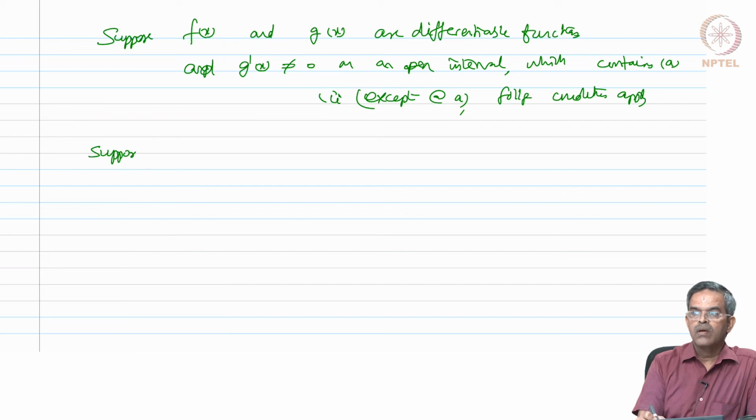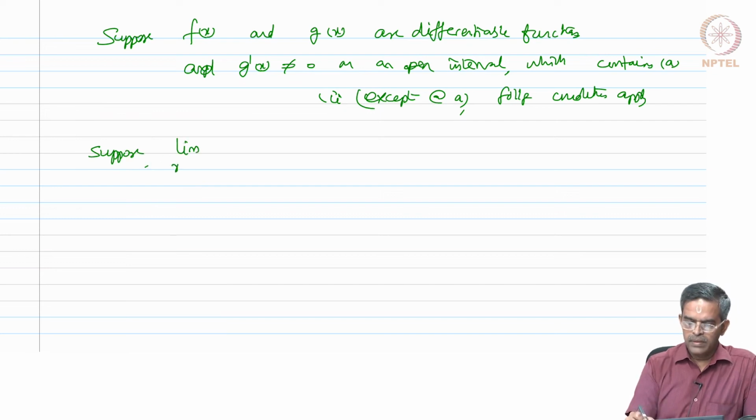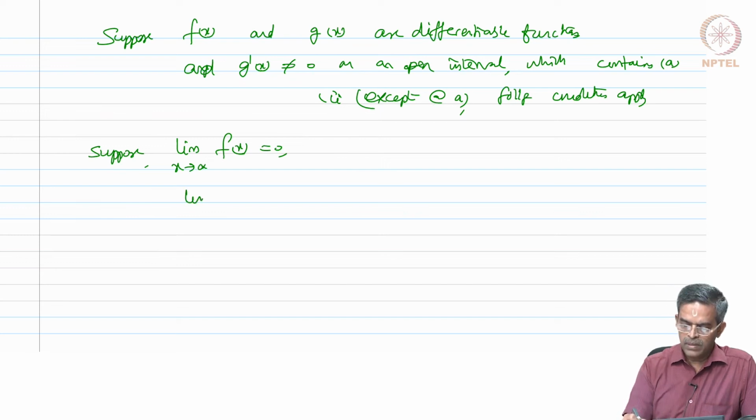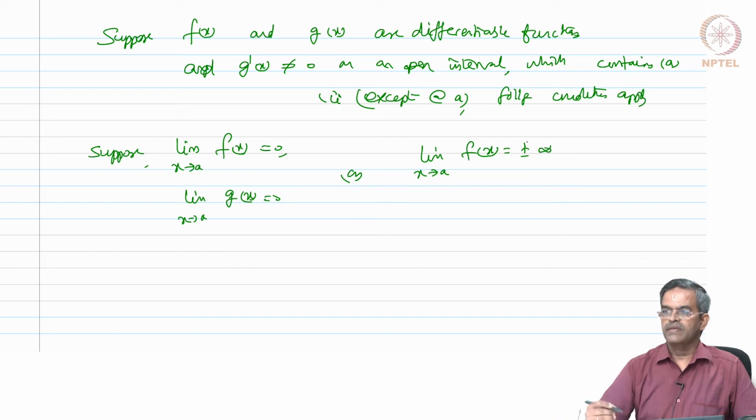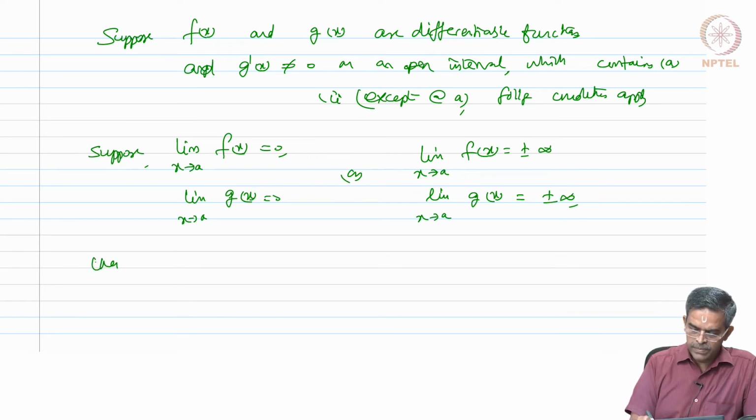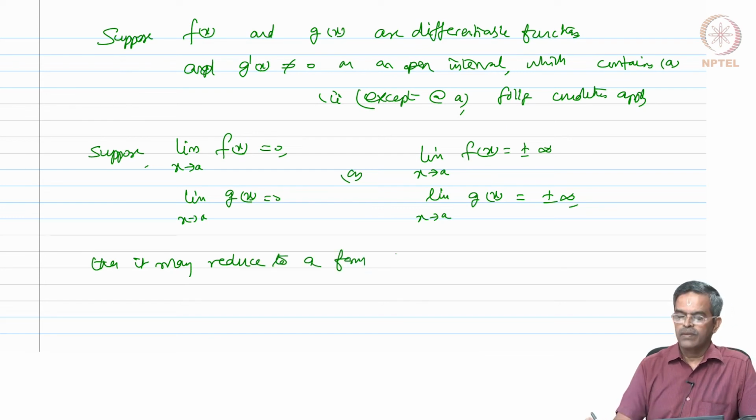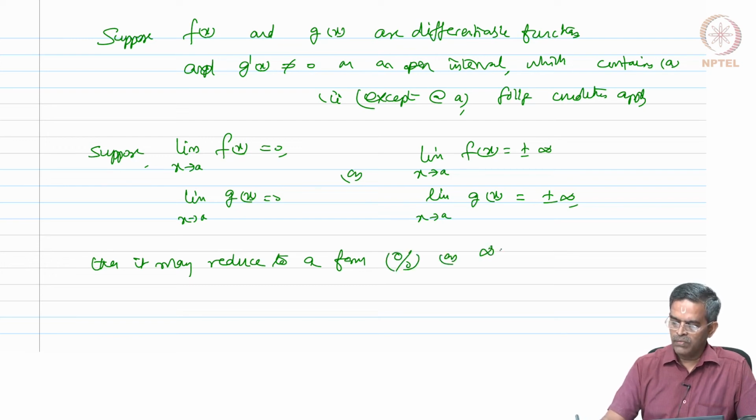Suppose limit x tends to A, f of x is 0, limit x tends to A, g of x is 0, or limit x tends to A, f of x is plus or minus infinity, limit x tends to A, g of x is plus or minus infinity, then it may reduce to a form 0 by 0 or infinity by infinity.